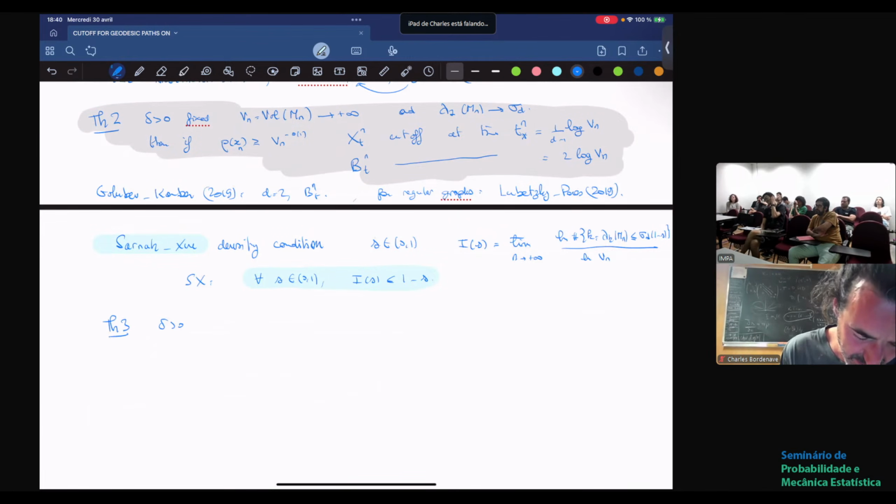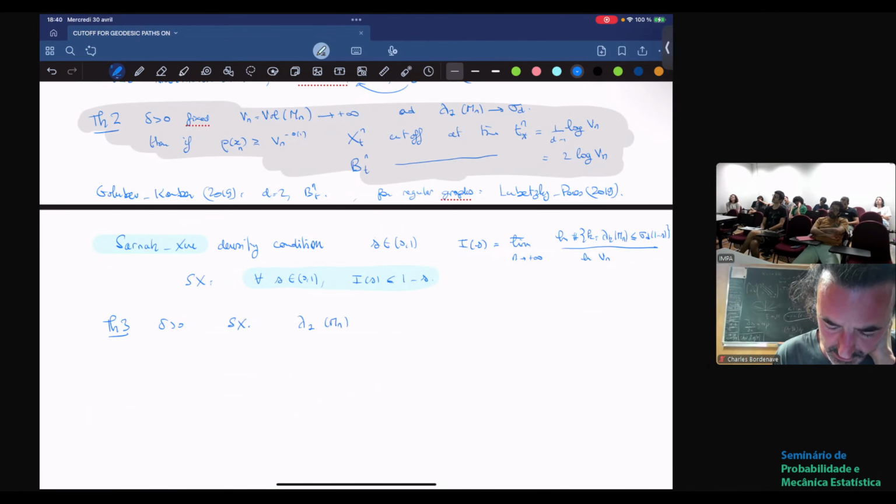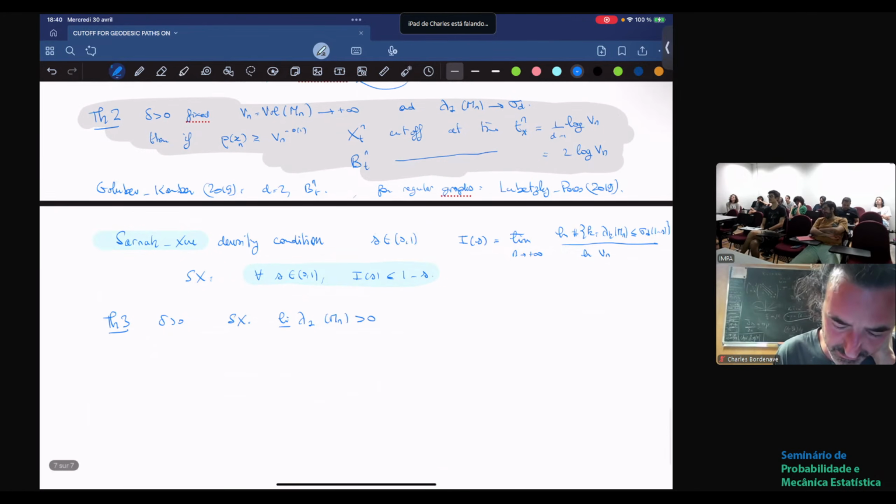And so we have the analog of theorem 2 under the assumption that you have the Sarnak-Chu condition, and that you have a spectral gap, meaning that the lim of your lambda 1 is positive.